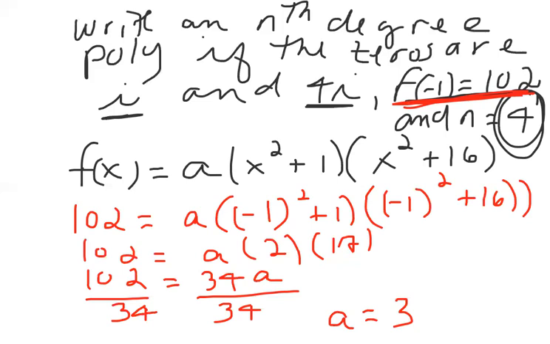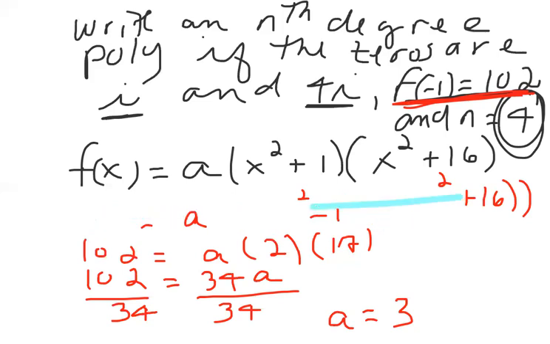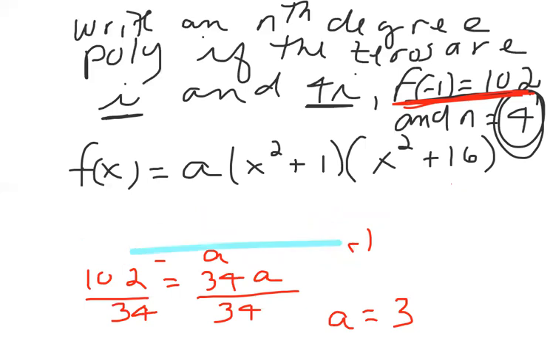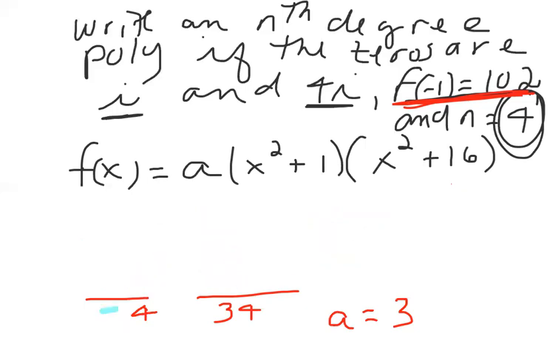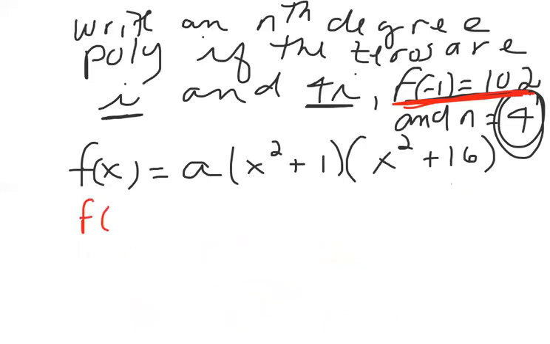All right, guys, this is the last problem we're working on. I'm going to erase this part so I can finalize the polynomial. I'm going to go back in, substitute the 3 in for a, and then finish working it out, okay? So f of x will equal 3 times, oh, let's multiply, guys.